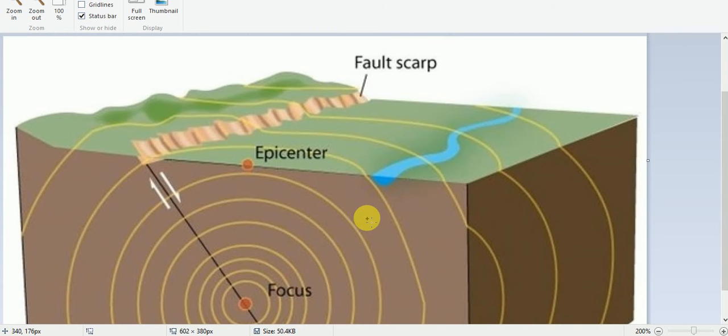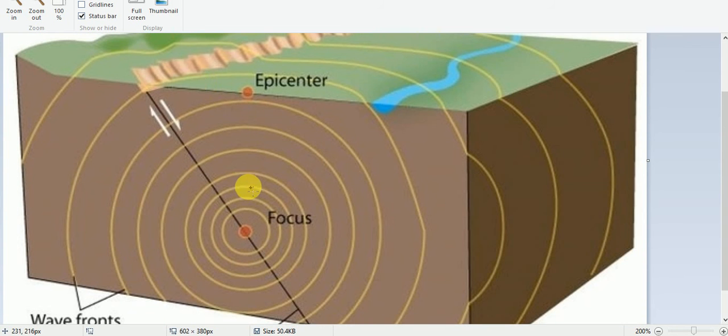See this diagram. Here faulting has taken place. This is the faulting process, that is, the subsidence of a part of the earth's crust, and because of this subsidence energy is released here, and the point where the energy is released is called the focus.